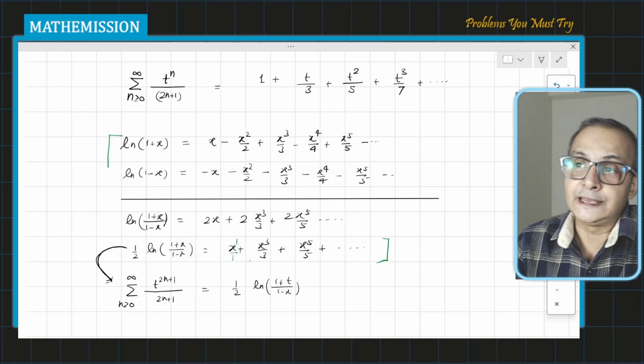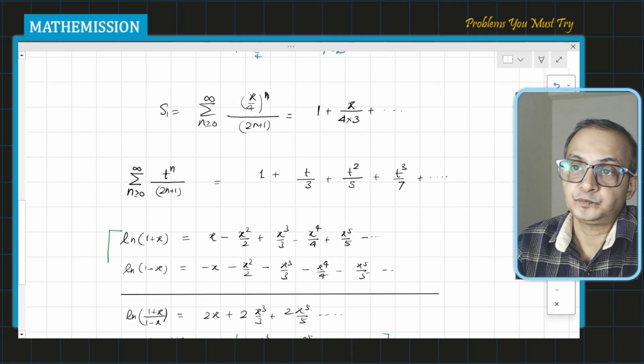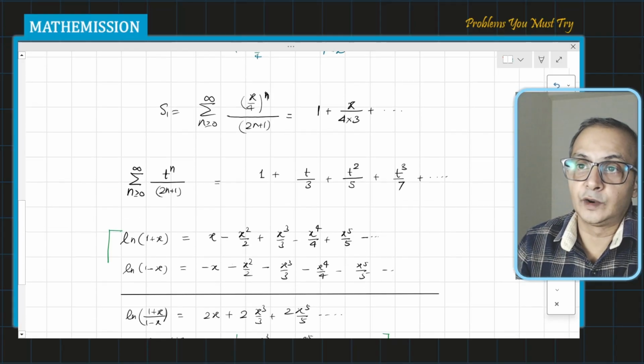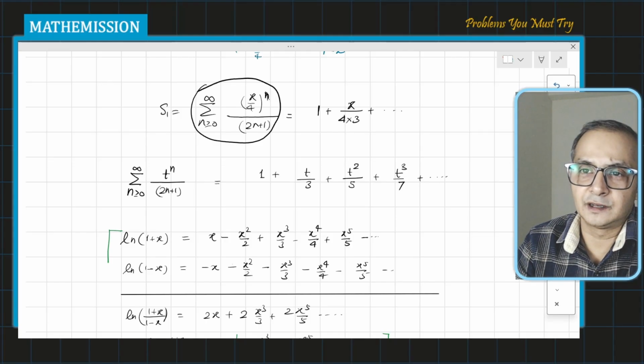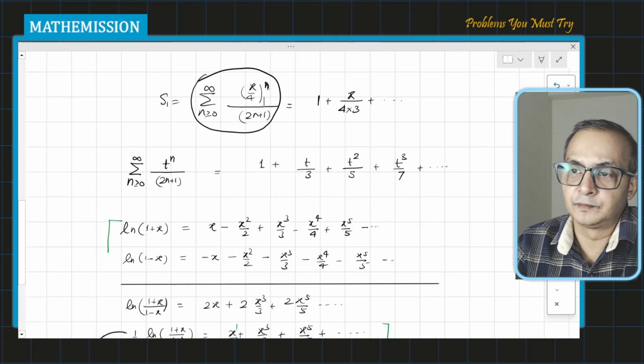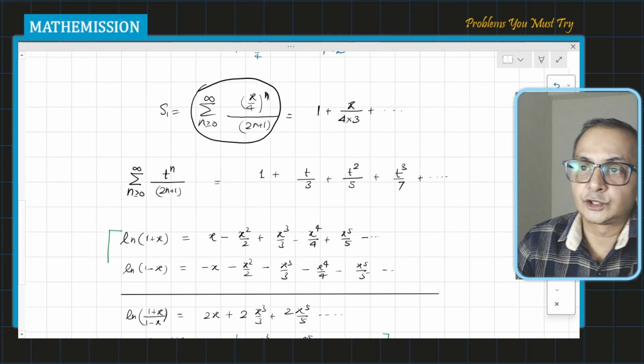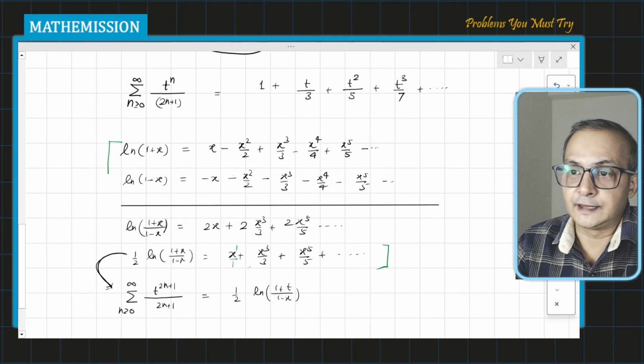But what I need is this guy. I need this summation, and there I need x by 4 to the power n, means almost t to the power n, no problem. So my aim is to get this x by 4 to the power n, and here I have 2n.